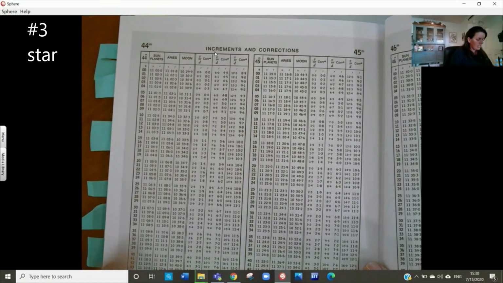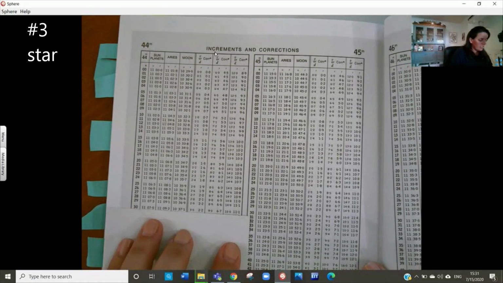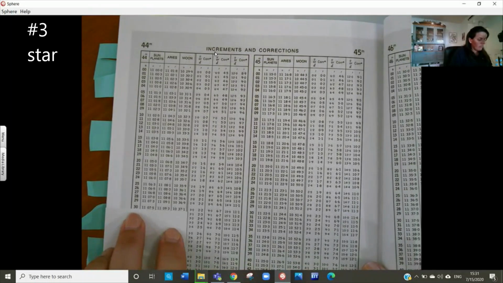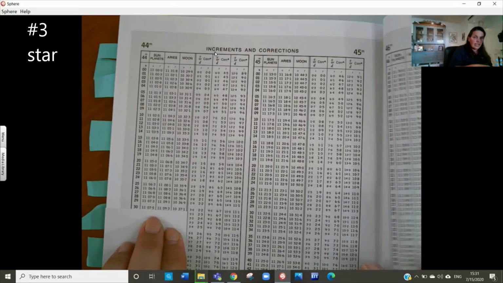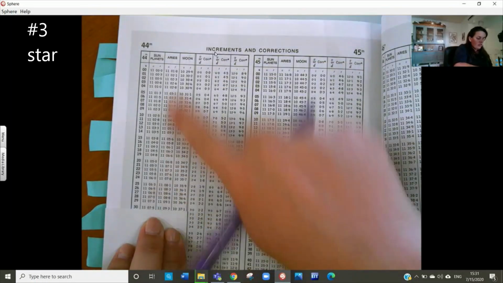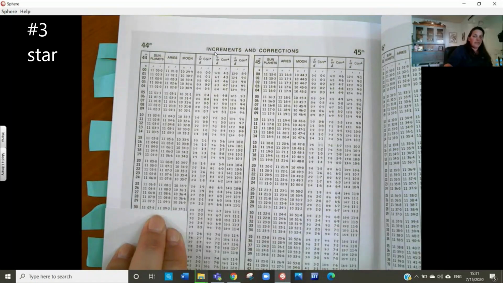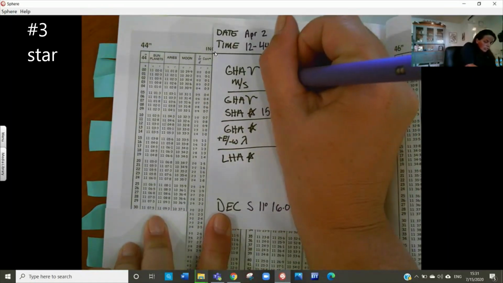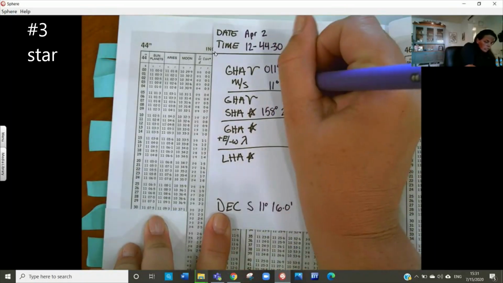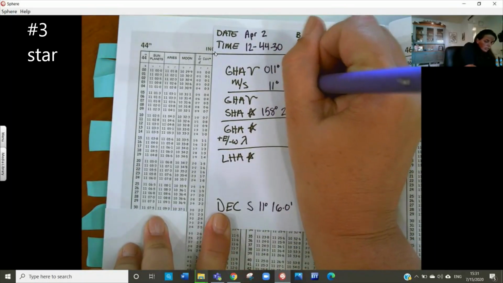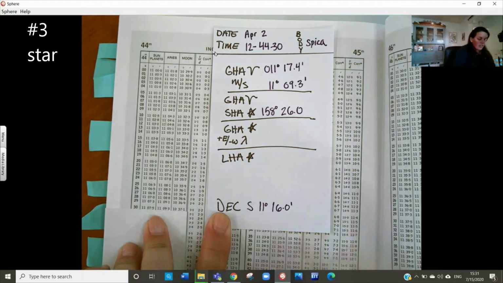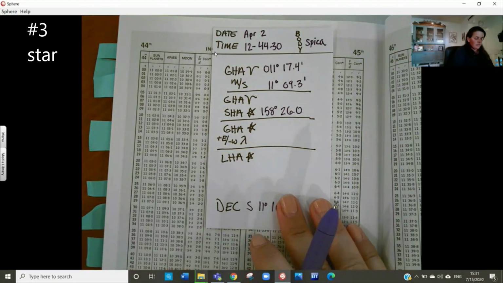So we're going to go down to 30 seconds. So we have 44 minutes 30 seconds, and now we're looking under the correction for Aries, not for the sun. We're looking under Aries. So my minutes and seconds are going to be 11 degrees, 09.3 minutes. And that's all we need.